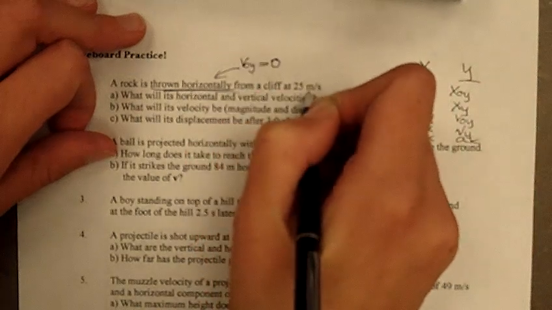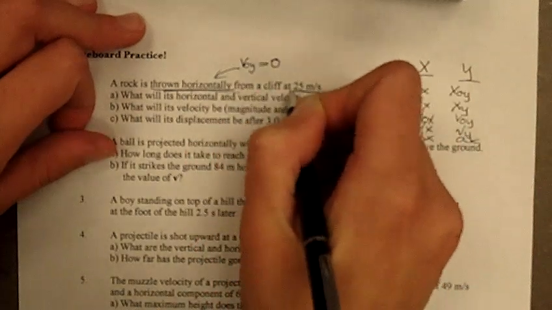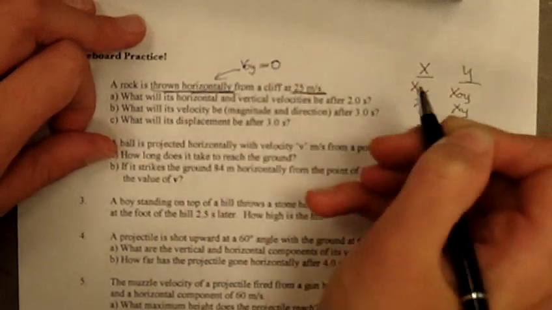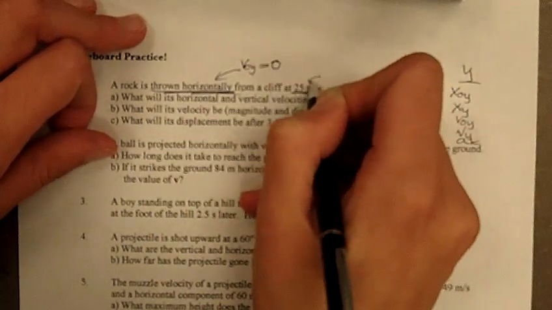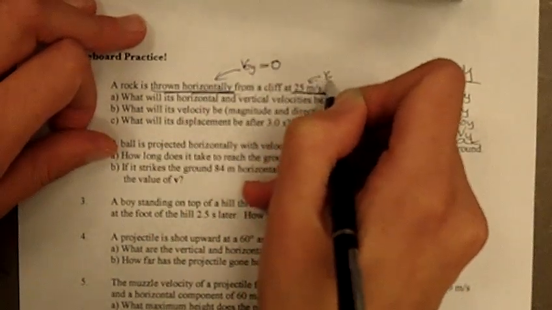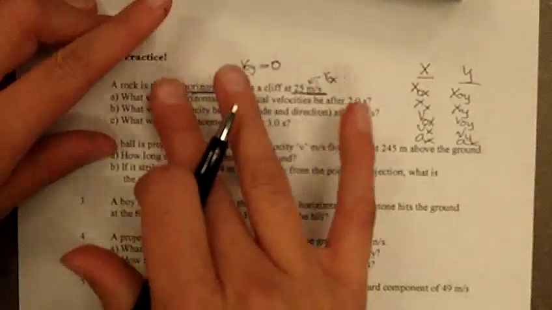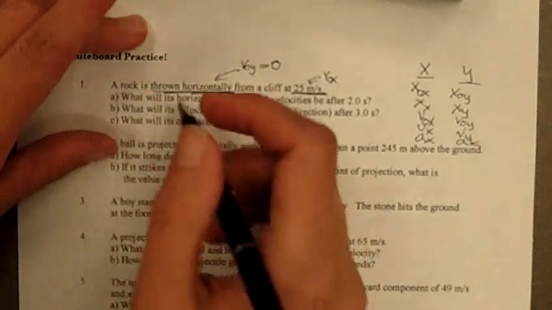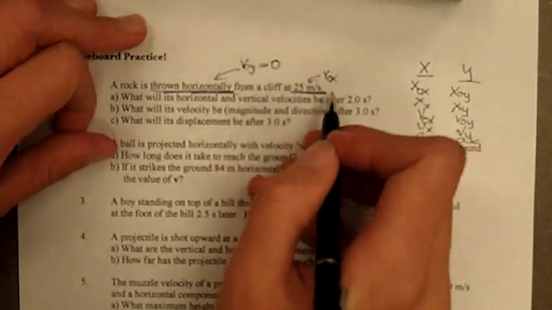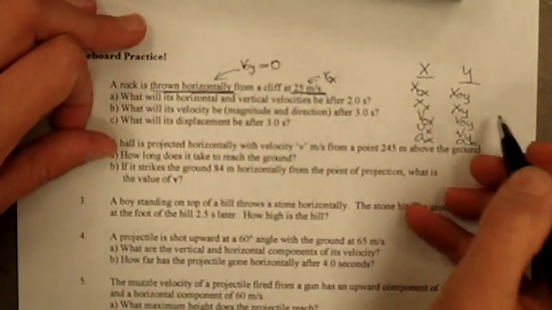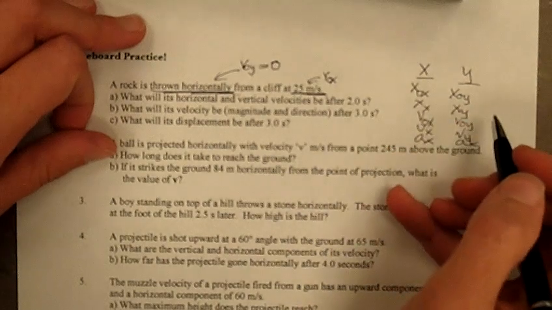From a cliff at 25 meters per second, I know because it was thrown horizontally that this 25 meters per second is going to be v naught x. So I'm just going through and labeling all of the things, both words and numbers, that tell me numbers in my XY chart.